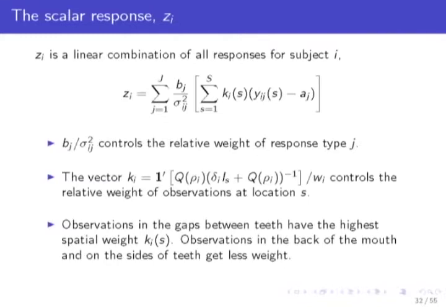Whereas the observations in the back of the mouth, that are the tooth number 7s, the 2 sides on 7, have 2 neighbors, and those are the molar regions. The back of the mouth and the sides of the teeth get lesser weight. So we found out that the weight also varies, and this is based on my adjacency matrix.